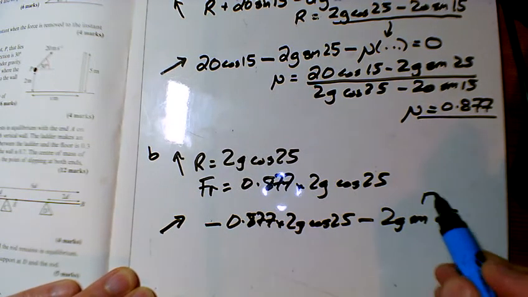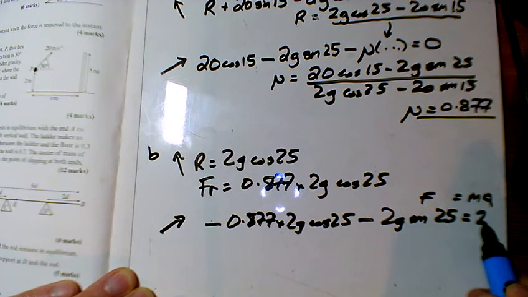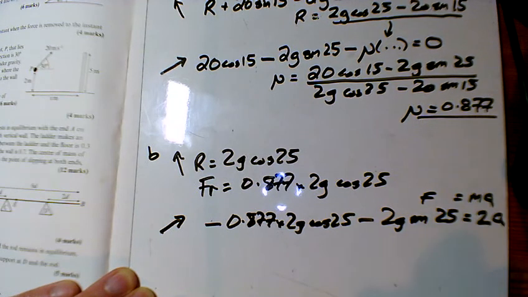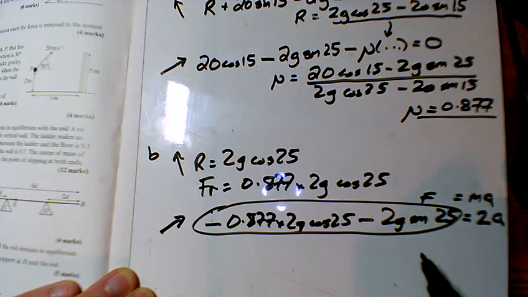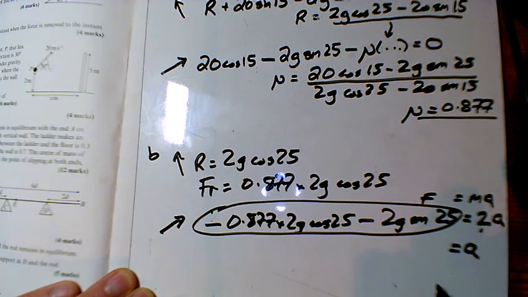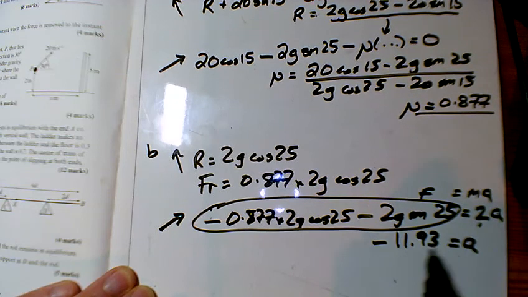And the force is equal to the mass times the acceleration. The mass of this thing is 2, and we want to know what the acceleration is. If I tap in all of that, I'm getting minus 23.86. If I divide that by 2, I'm finding that my acceleration is minus 11.93.